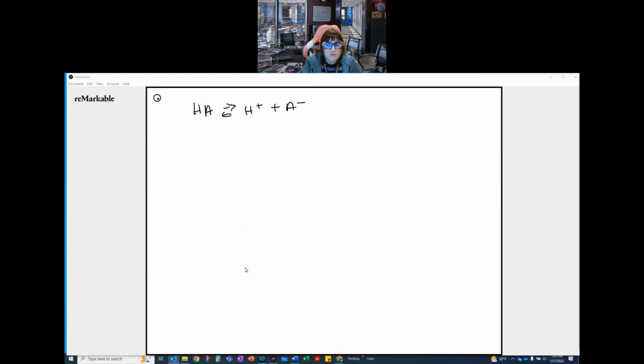So I am not referring to any specific acid when I write this. This could be anything. So CH3COOH could be my HA, which would then make my A minus CH3COO minus. It could be formic acid.